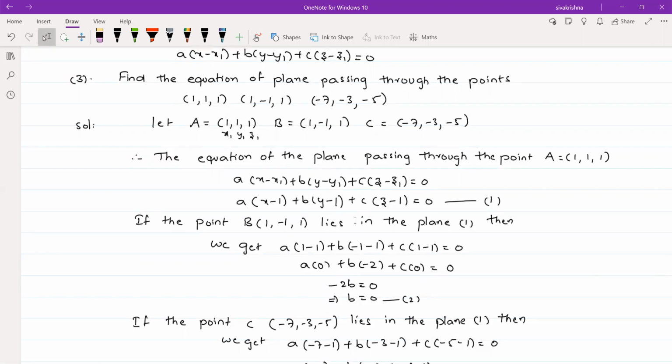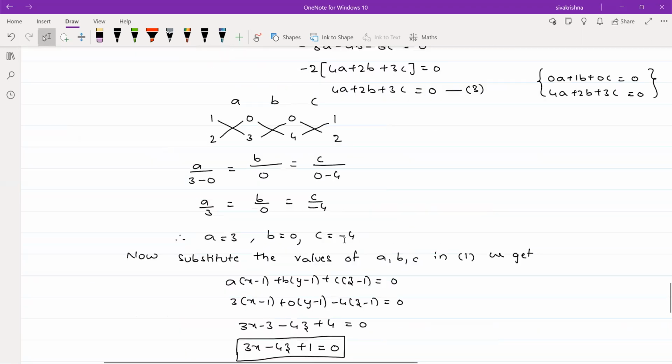In our previous class we discussed one formula to find the equation of the plane through 3 points. But in this class I am giving you a new formula, that is a into x minus x1 plus b into y minus y1 plus c into z minus z1. By using this particular formula also we can find the equation of the plane through 3 points.